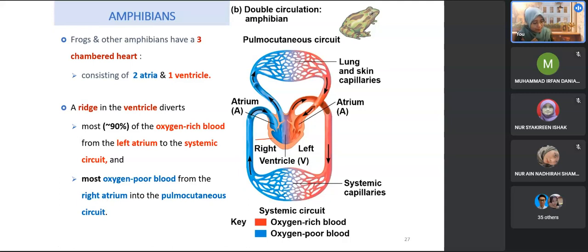The right part of the heart will always receive oxygen-poor blood, but the left part always receives oxygen-rich blood. So that's why it is in red.